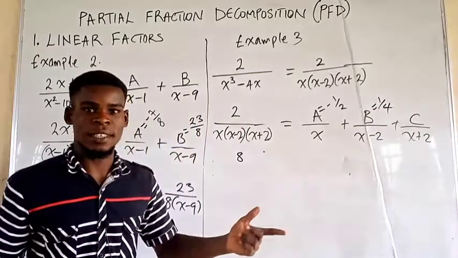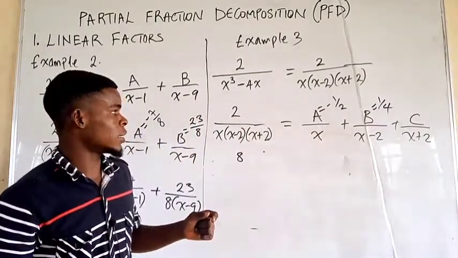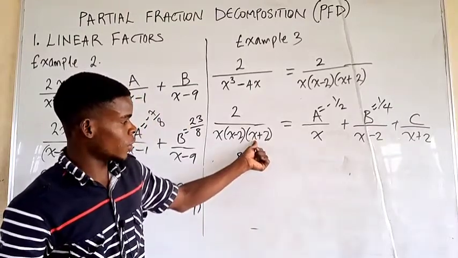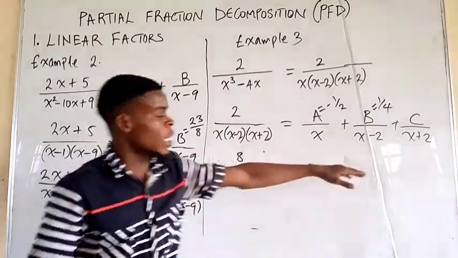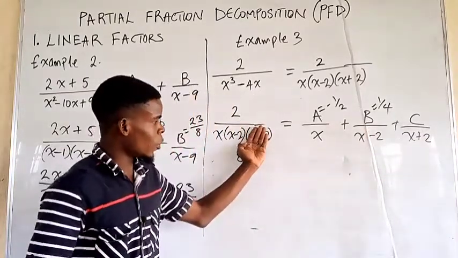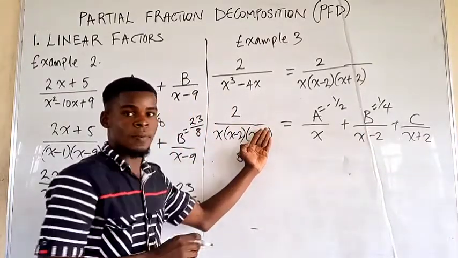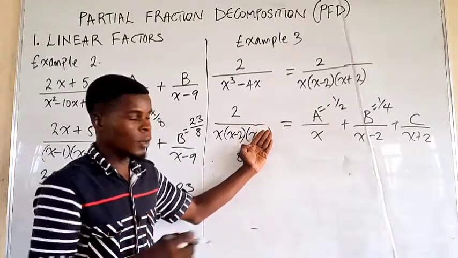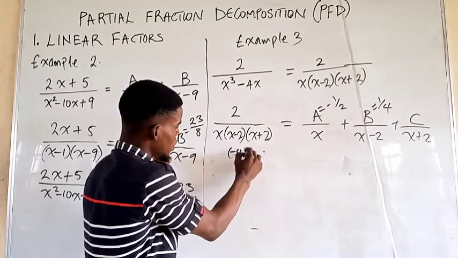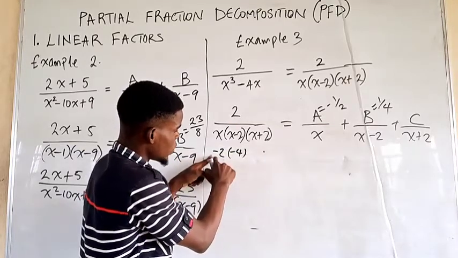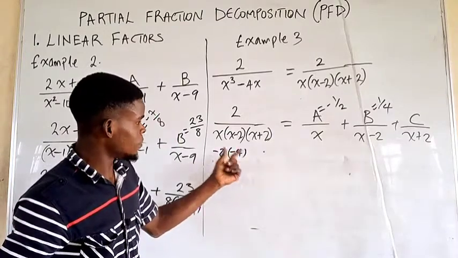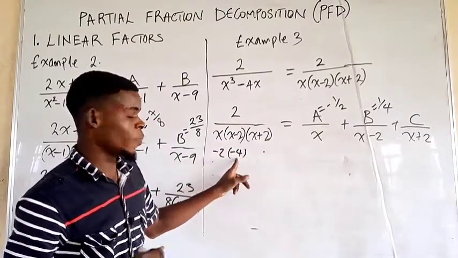And again for C, you can do that. I think that will be 1 over 4. Let's just take that quickly. We plug in negative 2 for x, which makes that factor 0, so we cover it up. Negative 2 minus 2 is negative 4, times negative 2, so the denominator is positive 8.